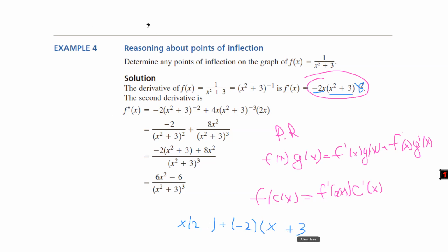Are you erasing my work? I'm wondering where it's going. You're writing. There we go.